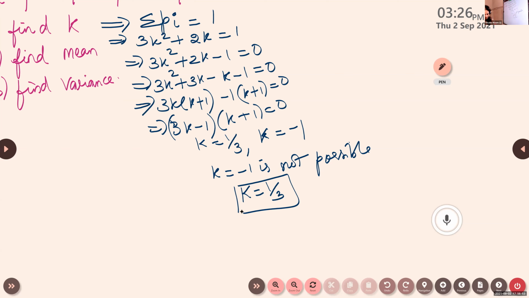The possible value of k is 1 by 3. So k is 1 by 3.